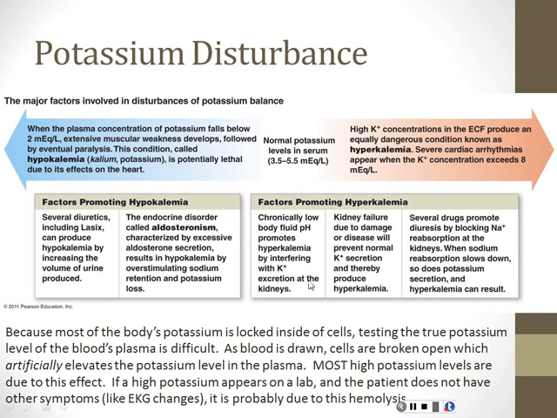The problem is, in potassium measurement, we have this conflict. Most of the body's potassium is inside of cells, right? When you draw blood from a patient, you're drawing plasma and blood cells, both. What you want to know is the potassium level in the plasma. But along with that plasma, you've gotten a bunch of red cells, all of which have a ton of potassium inside of them.